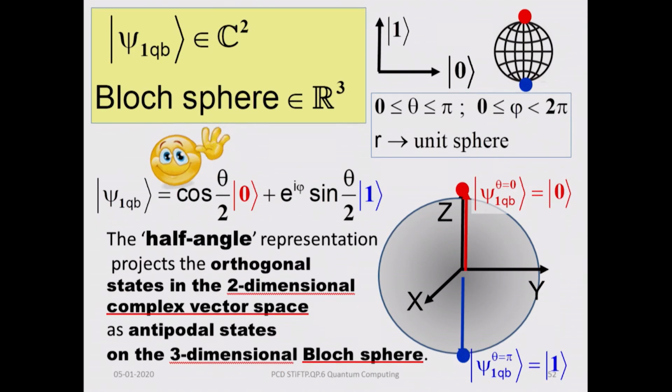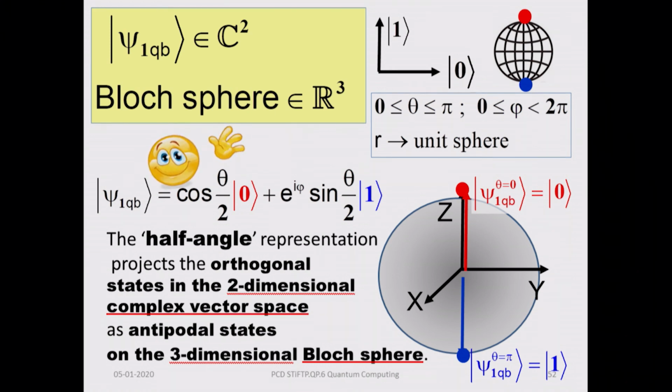Okay? So now we have this Bloch sphere. The thing to remember is that you have these orthogonal vectors 1 and 0 in the Hilbert space, which are represented by antipodal points, the north pole and the south pole of the Bloch sphere, right?